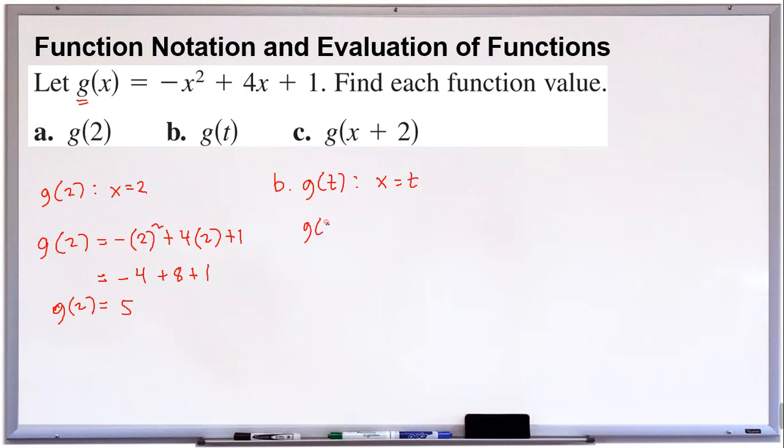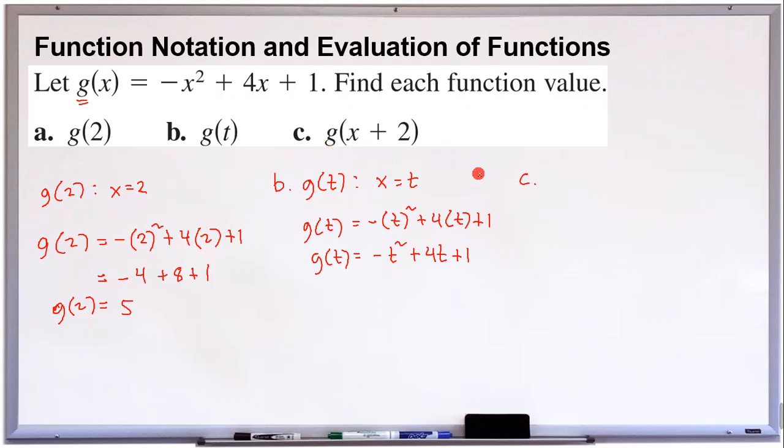We have g of t is equal to negative t squared plus 4 times t plus 1. So this is negative t squared plus 4t plus 1. So this is our g of t.